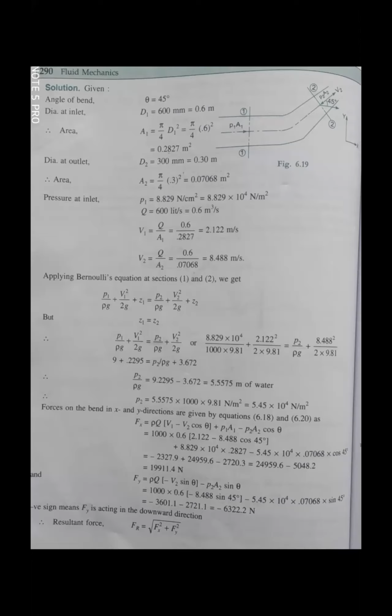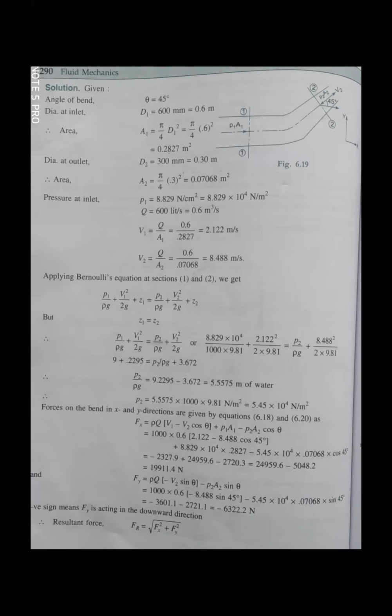Okay. Now Fx, the force exerted on the bend in x and y directions, is given by Fx equal to. Now what I told you is you better write the formula by taking 2 sections and from first principles as usual. That means P1 A1 minus P2 A2 cos theta plus Fx or minus Fx, depending on the way you write, you call.